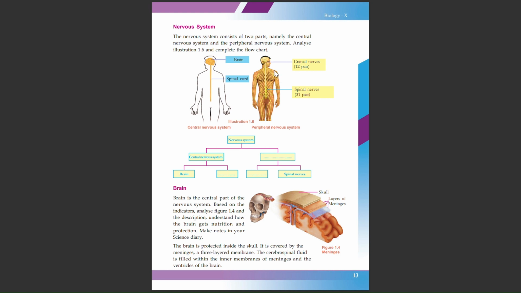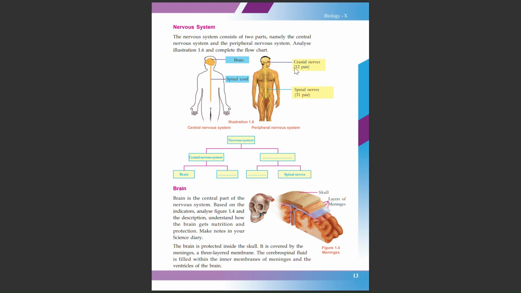The peripheral nervous system might be from the cranial nerves. Cranial nerves, when you're doing medicine or dentistry or any other medical field, you will have to study. As I told, there are cranial nerves of 12 pairs.